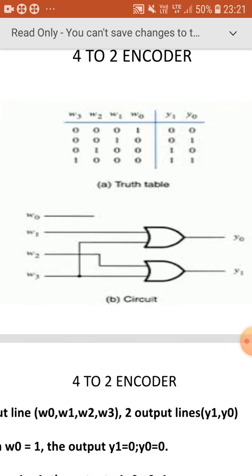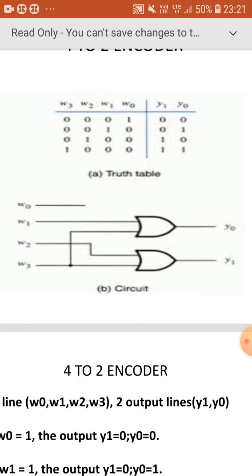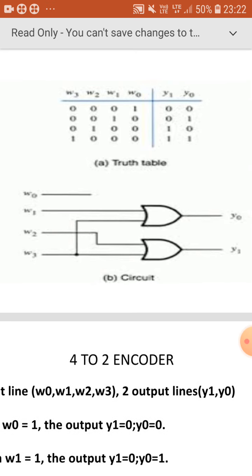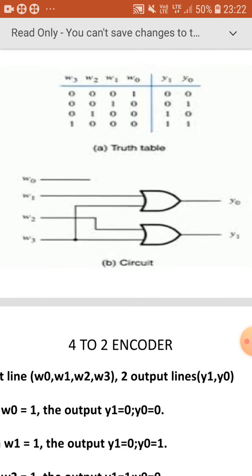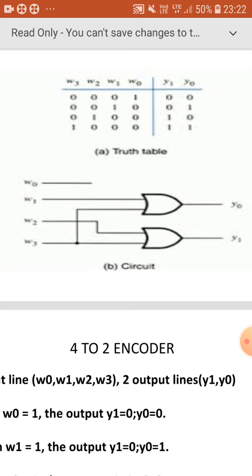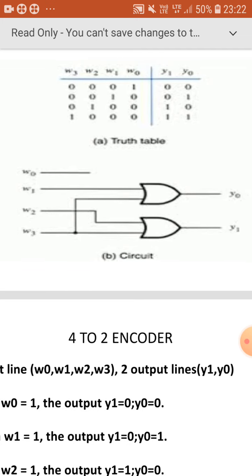So in this, Y0 is equal to W1 or W3. See the circuit diagram. Y1 is equal to W2 or W3.